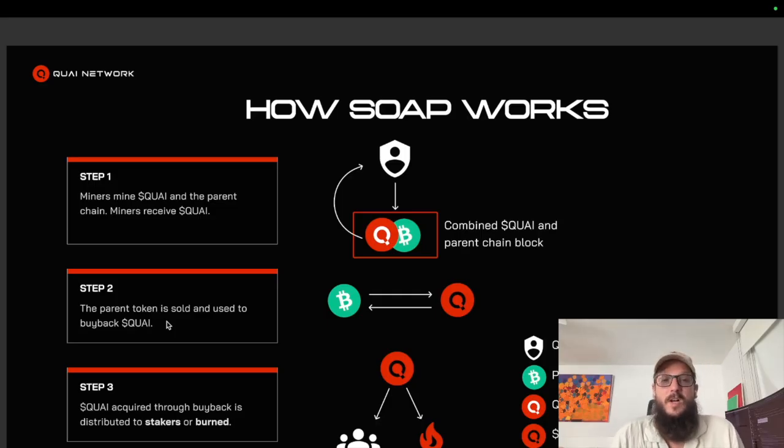Now, obviously, we want new lively templates to be produced so that SOAP is earning revenue that's going to buy Quai. But if for some reason it goes offline, the Quai chain doesn't stop. It just keeps going. It's just not making the SOAP revenues anymore. It would be akin to the current situation where Quai is mined.